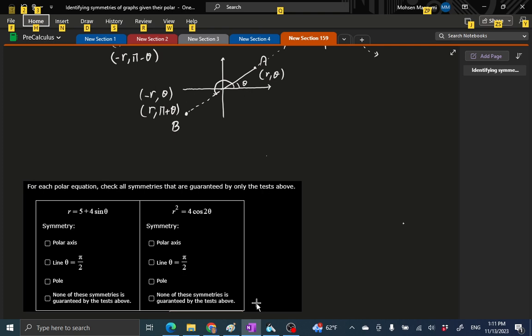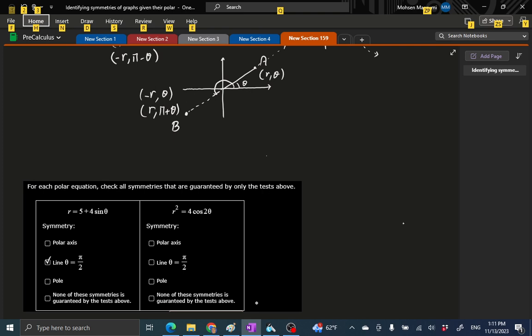It's a dimpled limacon, and the sine indicates that it's in the vertical direction. Therefore, it's going to be symmetric with respect to the y-axis. So our first inclination is that that would be the case here. Limacons with the sine are not symmetric with respect to x-axis or the polar axis, and they are not symmetric with respect to origin or the pole either.